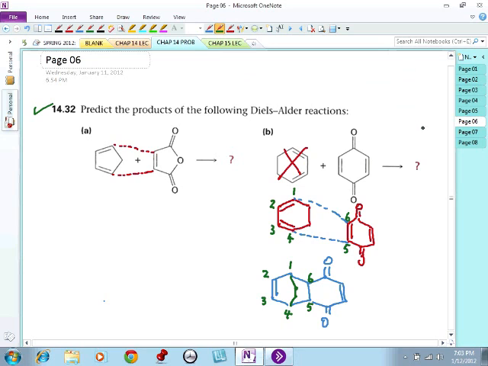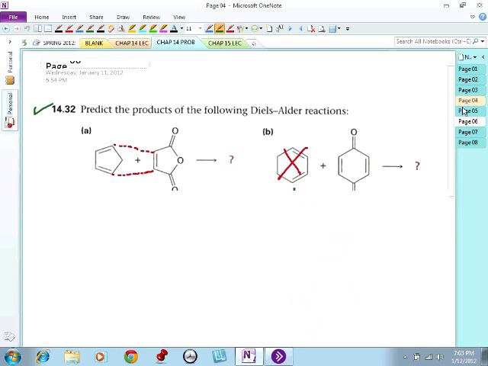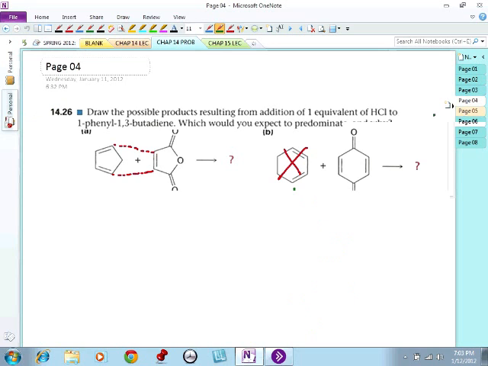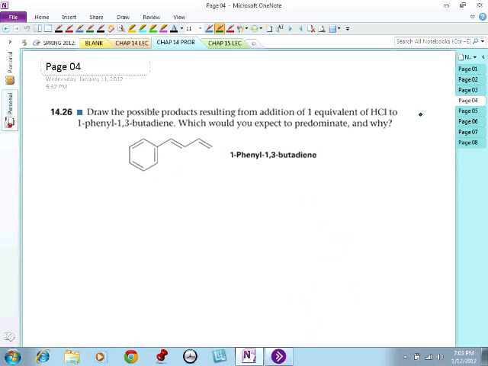Okay, so now let us go to question number 4. I think for the most part you guys should be experts on the Diels-Alder reaction now.